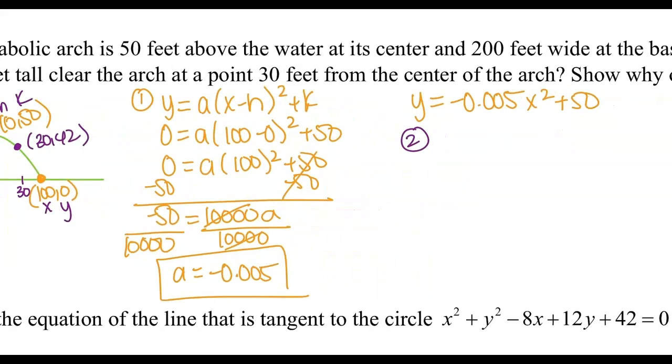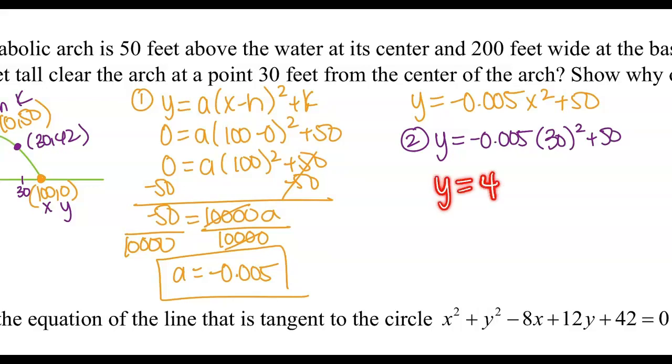I want to see if I can actually get the boat through that arch. So what we're going to do is take Y equals negative 0.005, and instead of X, we're going to substitute in 30. This is what we're solving. I want to see if I solve all the way down here for Y, if it'll be a value greater than or equal to 42. If it is greater than or equal to, then that means the boat will be able to successfully pass through.